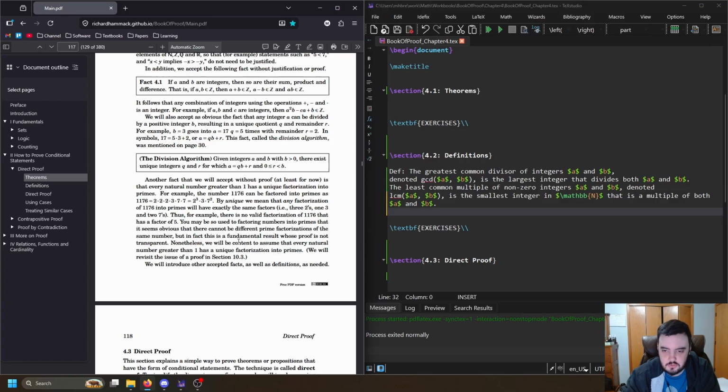Yes, yes, yes. I'm sure we will prove that. We must. By unique, we mean that any factorization of 1176 into primes will have exactly the same factors. Oh, right. It has one and only one factorization.